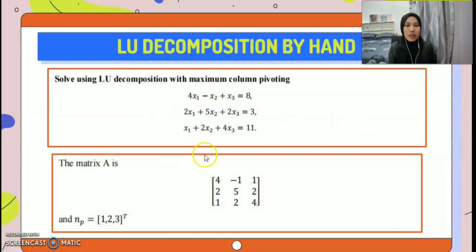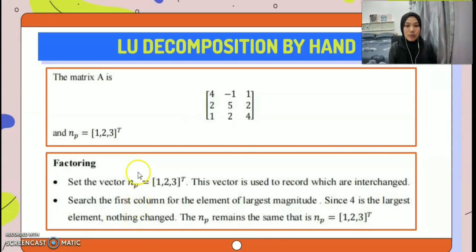As we can see here, there is a problem to solve the system of linear equations using LU decomposition. From this problem, we will get the matrix A, which is a 3 by 3 matrix, and the NP is equal to 1, 2, and 3.